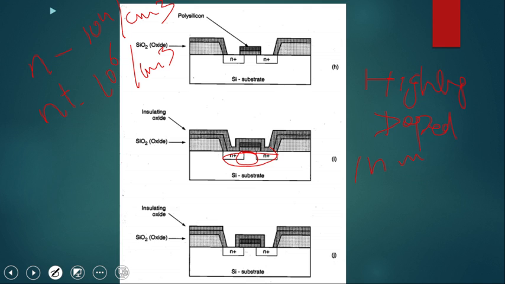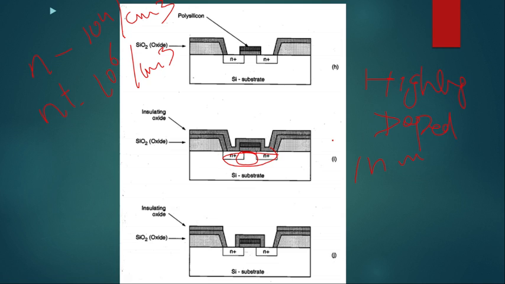So in order to overcome the drawback of overlapping of the layers, the insulating oxide can be deposited over the layer in order to differentiate between source and gate region, and drain and gate region.